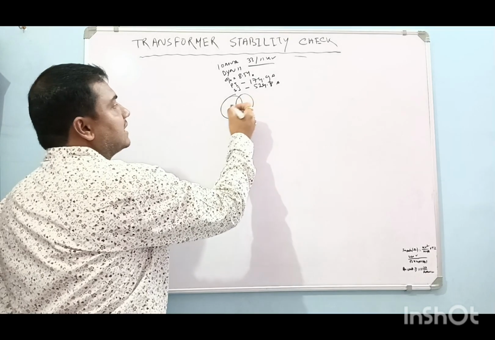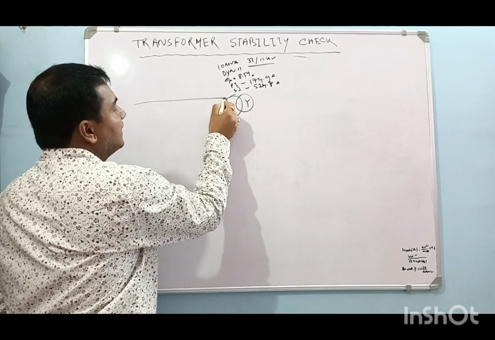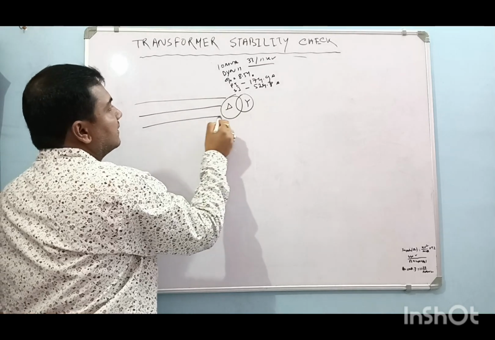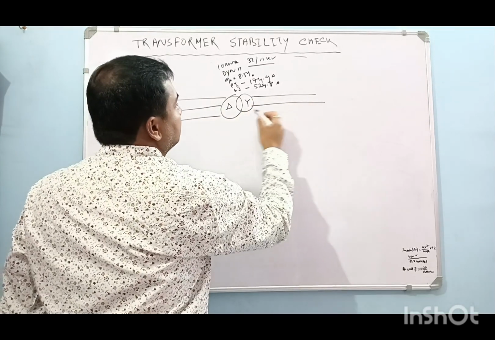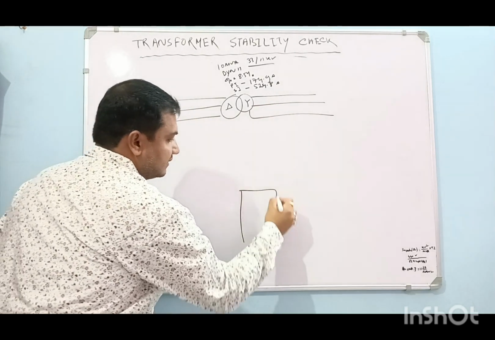So suppose this is the 10 MVA transformer, this is the delta side, this is the star side. There are three phases, and this is the numerical relay.